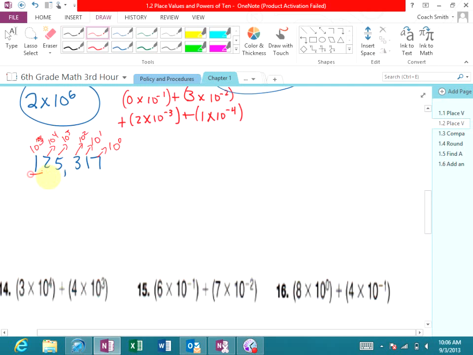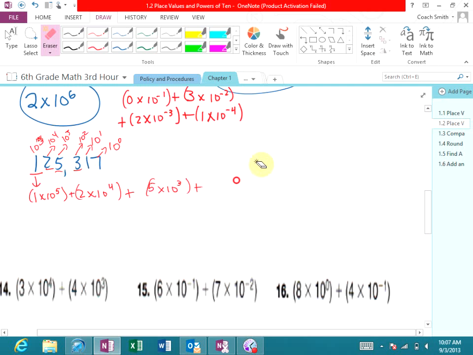I take the digit 1 and I go 1 times 10 to the fifth power. Plus, I take the 2 and I multiply it times 10 to the fourth power. Plus, I take the 5 and multiply it times 10 to the third power, plus the 3.